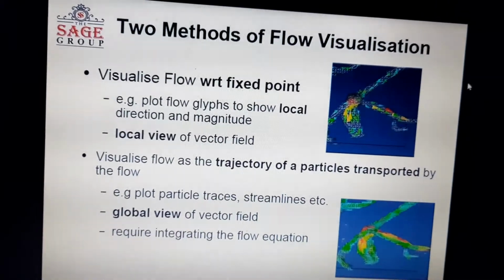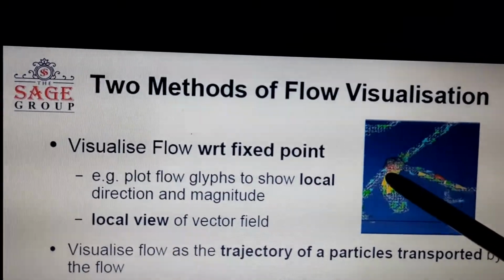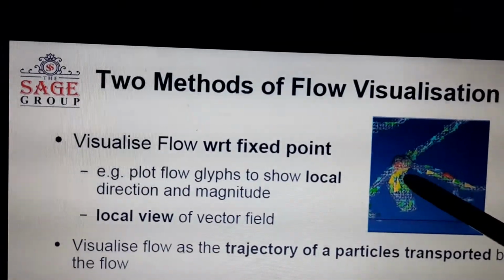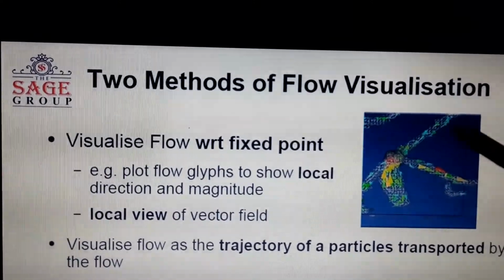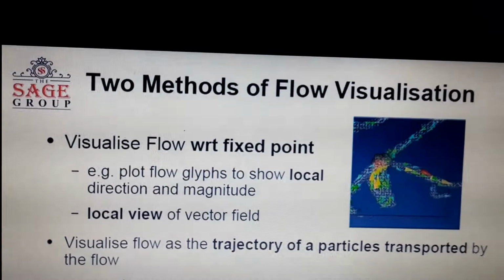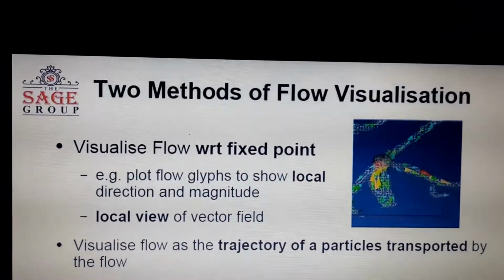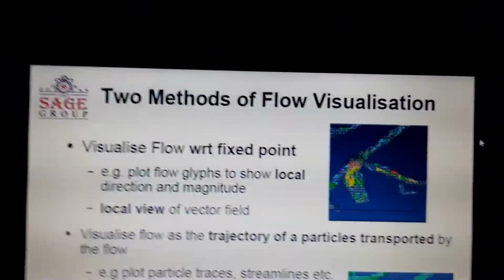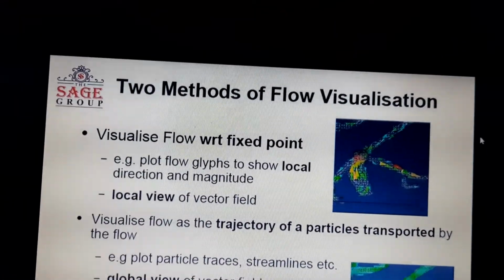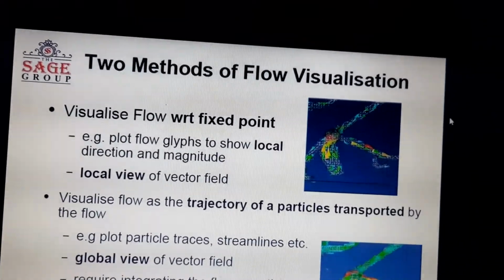Okay, we can consider a fixed point on any image like this, and about that fixed point we can visualize all the other objects. For example, plot flow glyphs to show local direction and magnitude in the local view of vector fields. We will discuss what these glyphs are in the next slide.